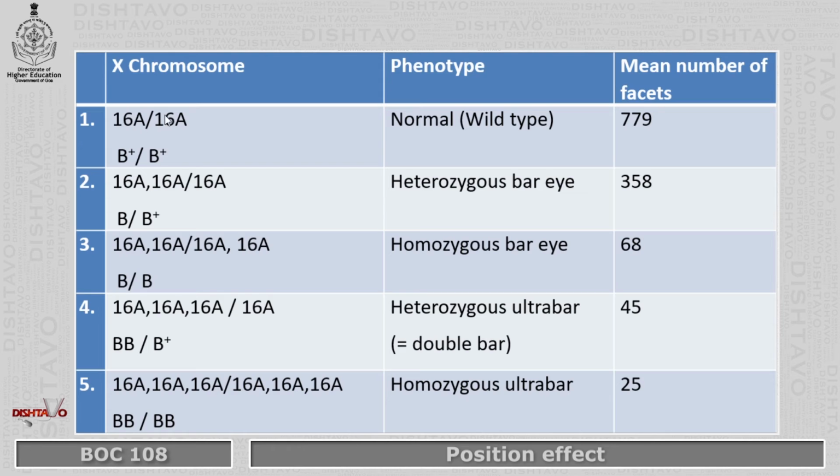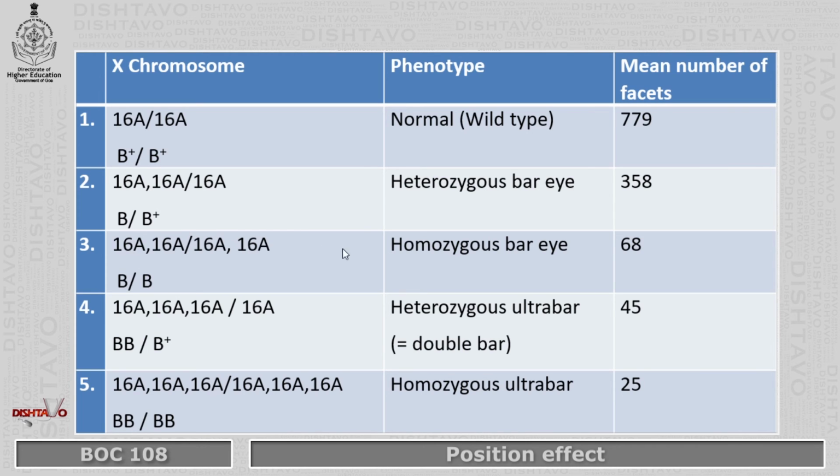Two 16A regions in the X chromosomes gave the normal, wild type phenotype, with about 779 facets. Then three 16A regions produced heterozygous bar eye with 358 facets.